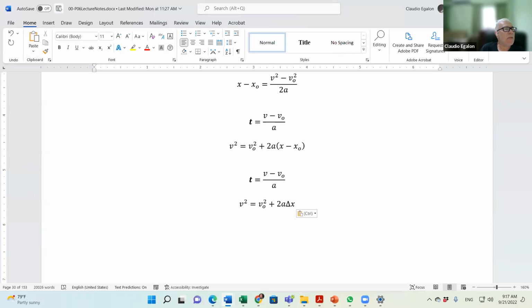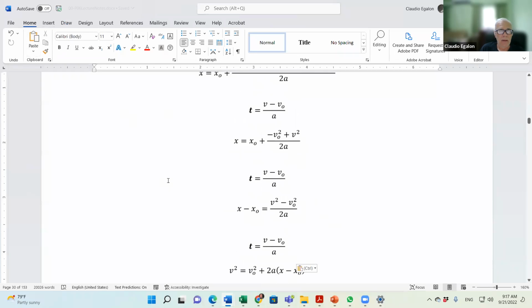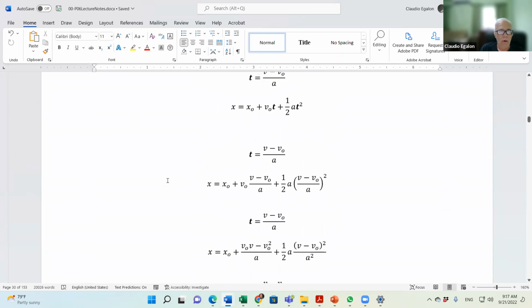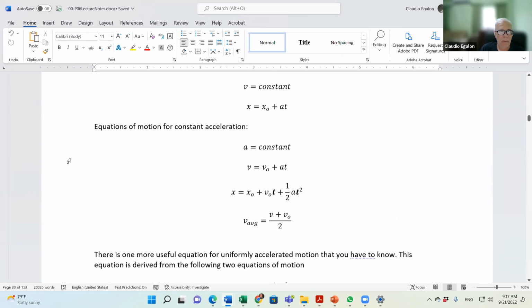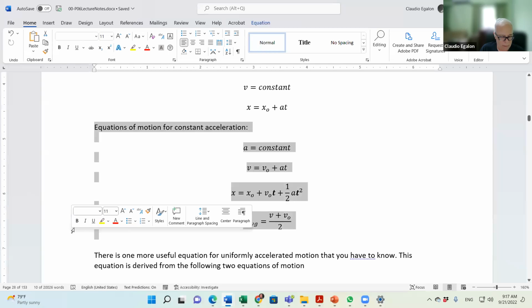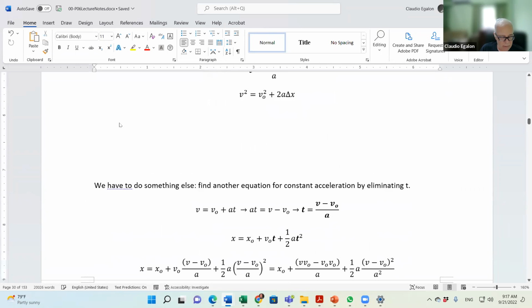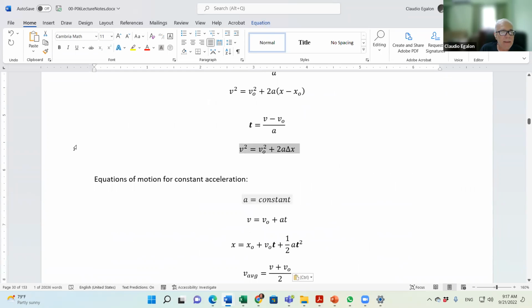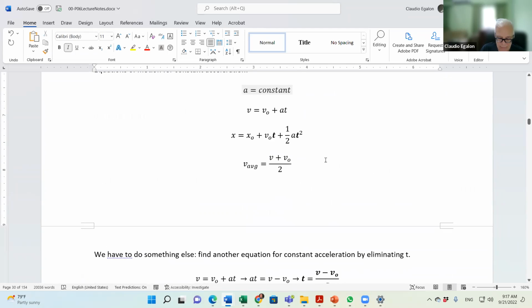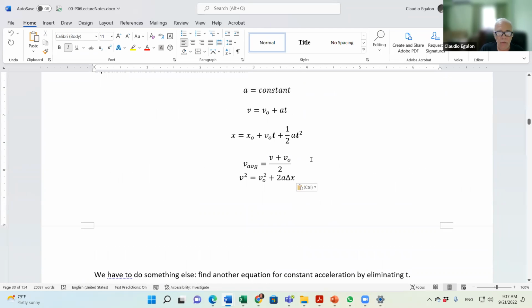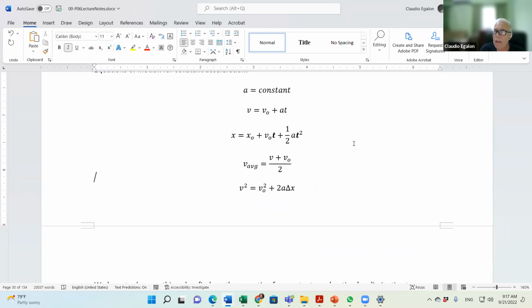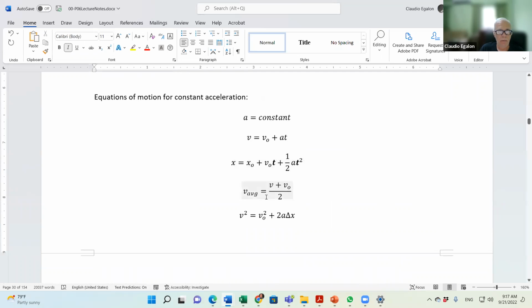And now let's summarize the equations of motion for uniform acceleration again. Uniformly accelerated motion. I'm going to add the Torricelli equation to this list. 1, 2, 3, 4, 5 for constant acceleration.